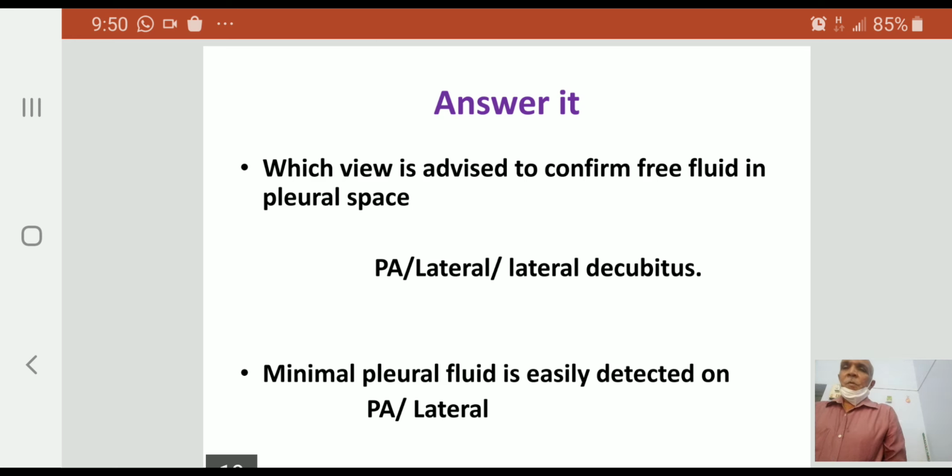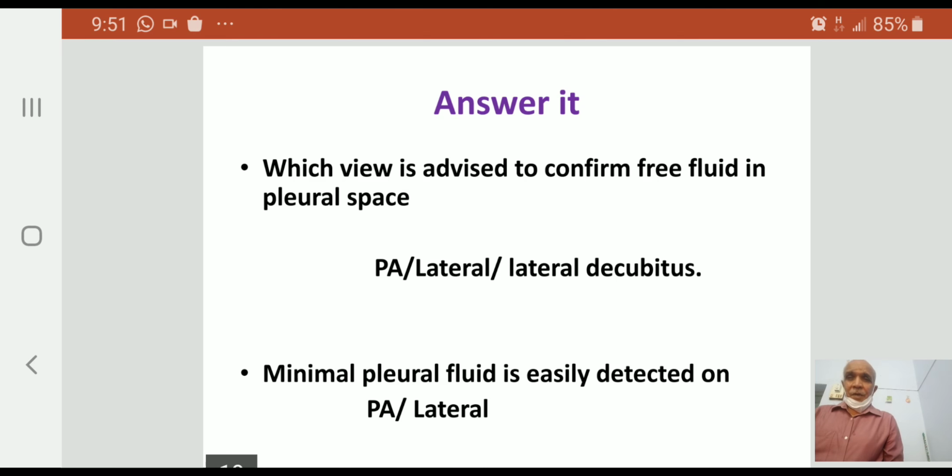Question: what will you advise to confirm free fluid in the pleural space? Which view can you advise: PA, lateral, or lateral decubitus? Lateral decubitus gives the impression of minimal fluid present in the space. The PA view is significant where the amount of fluid in the space is more.